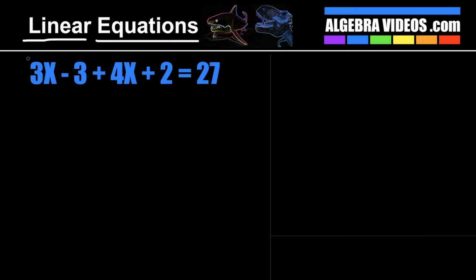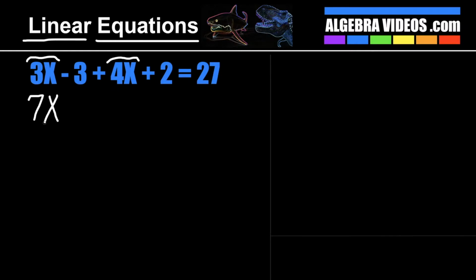So the first thing is just to combine anything that's combinable, anything that looks the same. So we just look in here and we say, hey, look, there's a 3x, and here's a 4x. Those are very similar. We can combine those into just one term. So instead of 3x and 4x, let's just combine those and call it 7x, right?